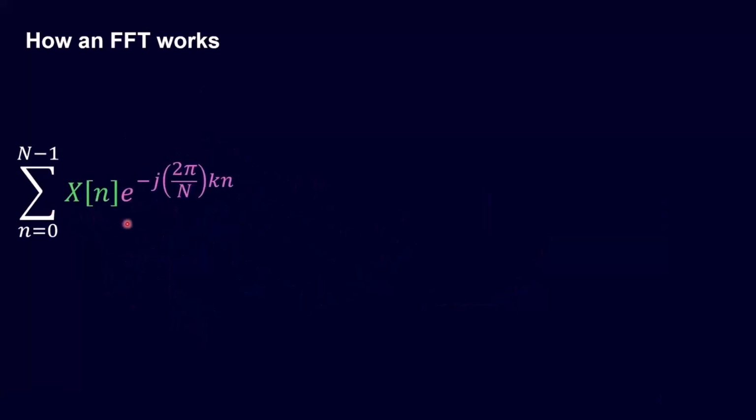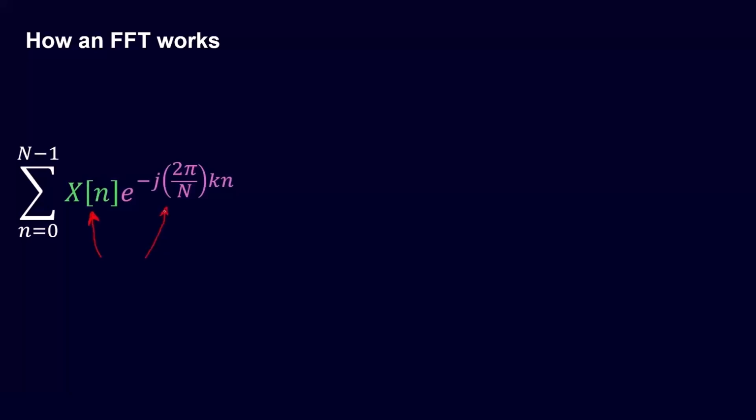This equation looks really complicated, but I promise you that it is not. Here, we're taking our discrete data points, x of n. If I took a time signal, I have n number of samples, and we're multiplying this data by this complex exponential.